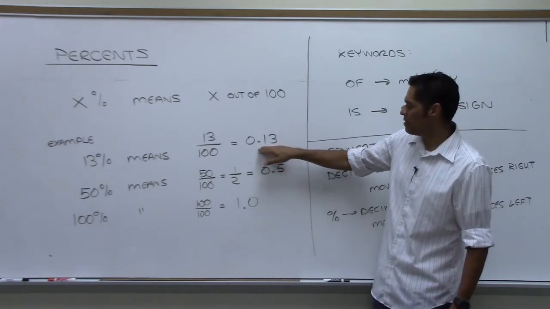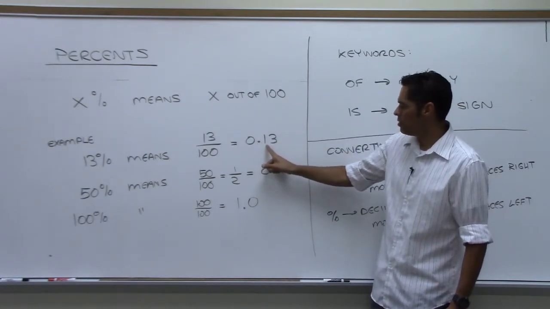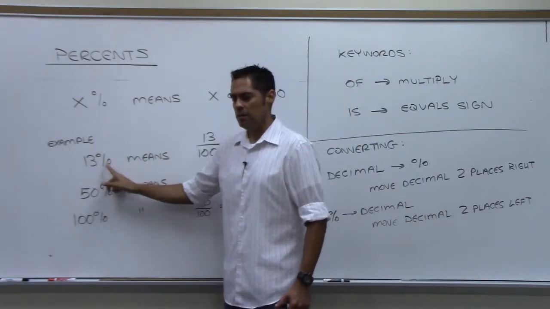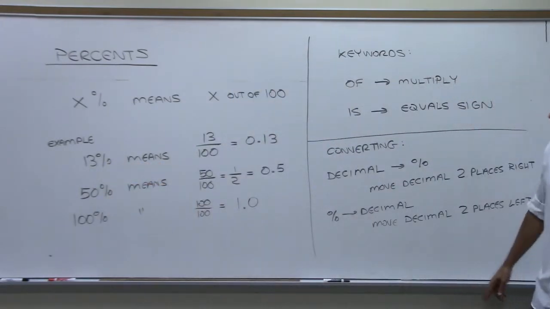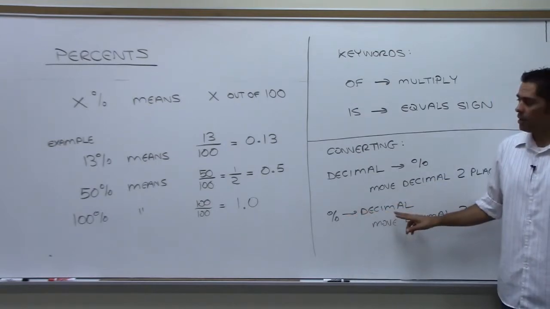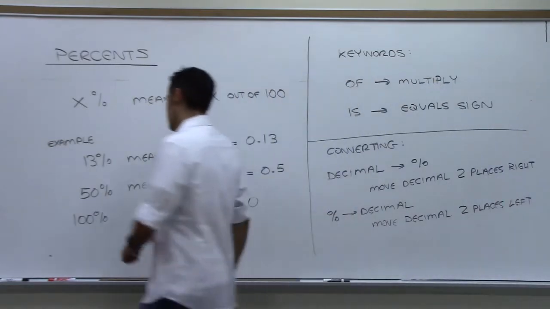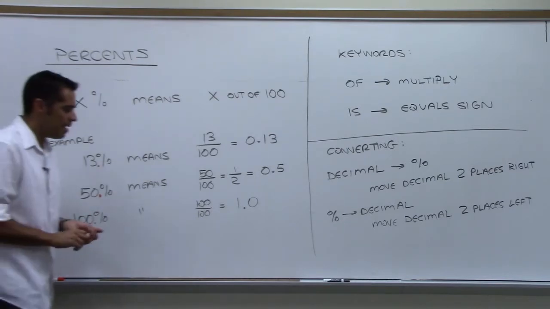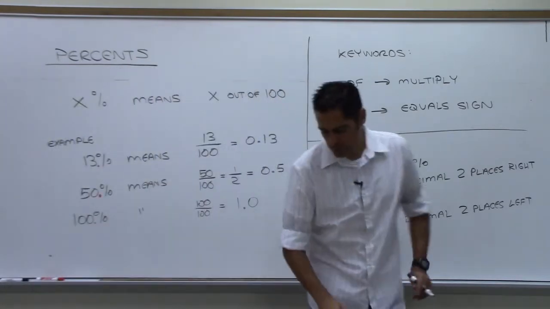If I convert it to a percent, I move this 2 places to the right, and it becomes 13%. If I want to go from a percentage to a decimal, I take the decimal point, which is not written here, it's right there, and I move it 2 places to the left. 1, 2, that becomes 0.5. But the percentage goes away. With all that in mind, let's do some of these problems.